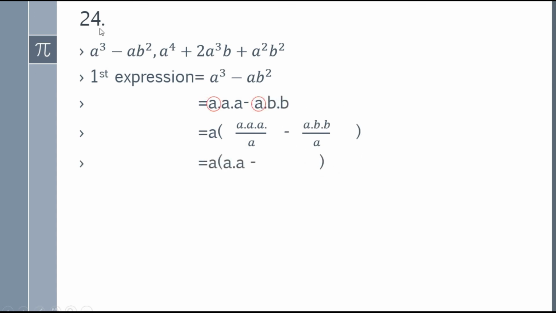Just find out. The remainder will be a into a from this part. And if a and a cancel out, then b and b will be the remainder. Okay, b and b is our remainder part.